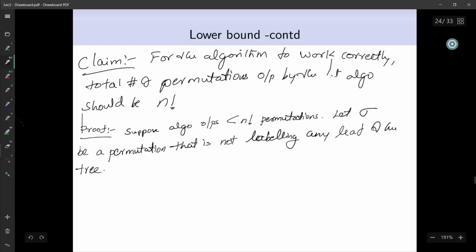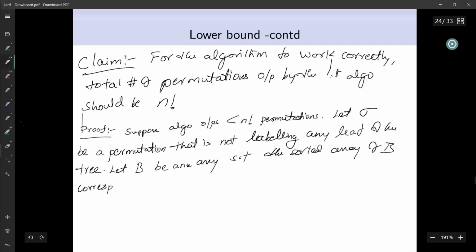Let B be an array such that the sorted array of B corresponds to permutation sigma.